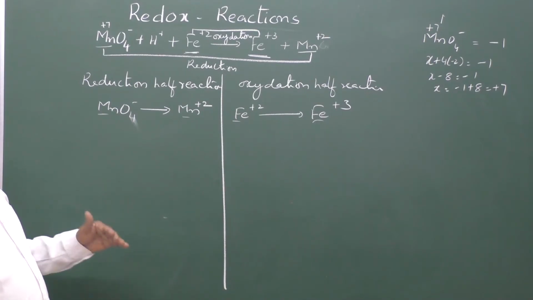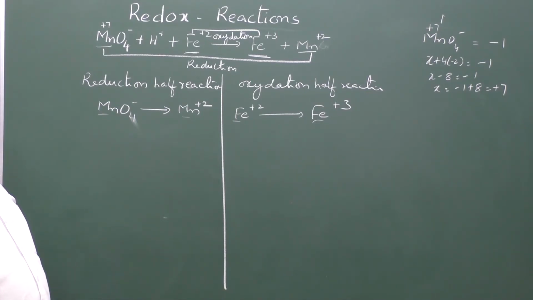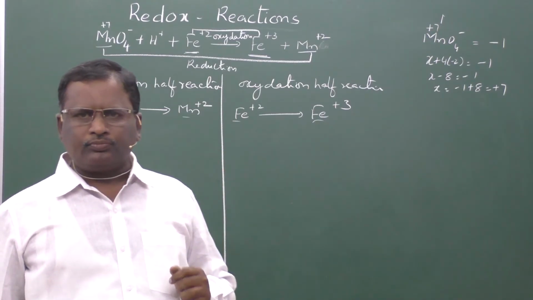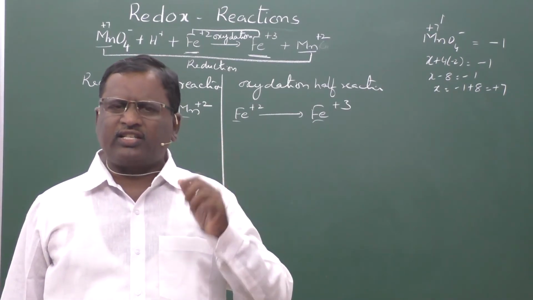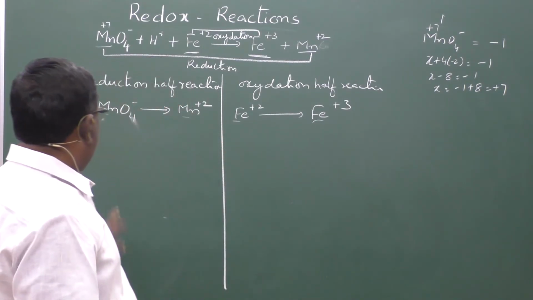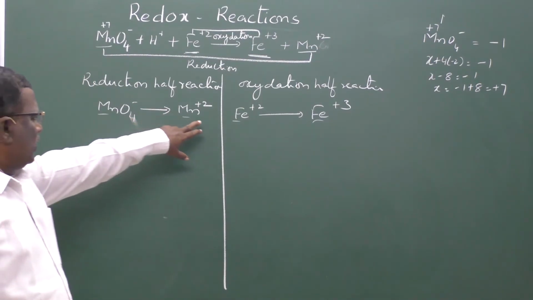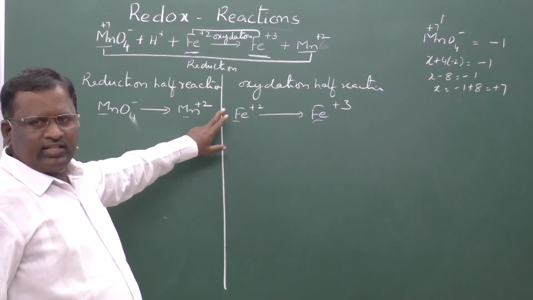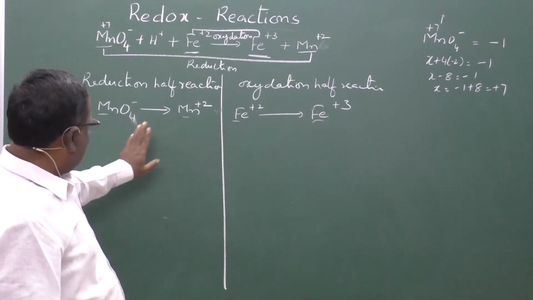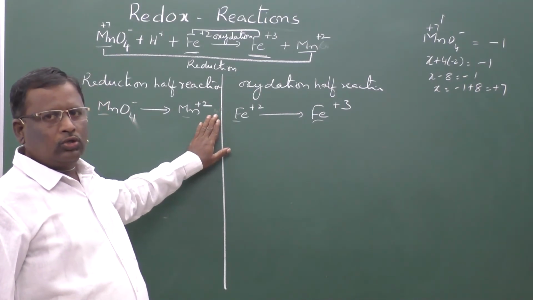Next, after balancing the other elements, we have to balance oxygens. While balancing oxygen, you have to add H2O to the side where oxygens are deficient. Here 4 oxygens are there in the reactant side, and in the product side there is no oxygen. So there is a deficiency of oxygen in the product side, and you have to add the same number of H2O to the product side.